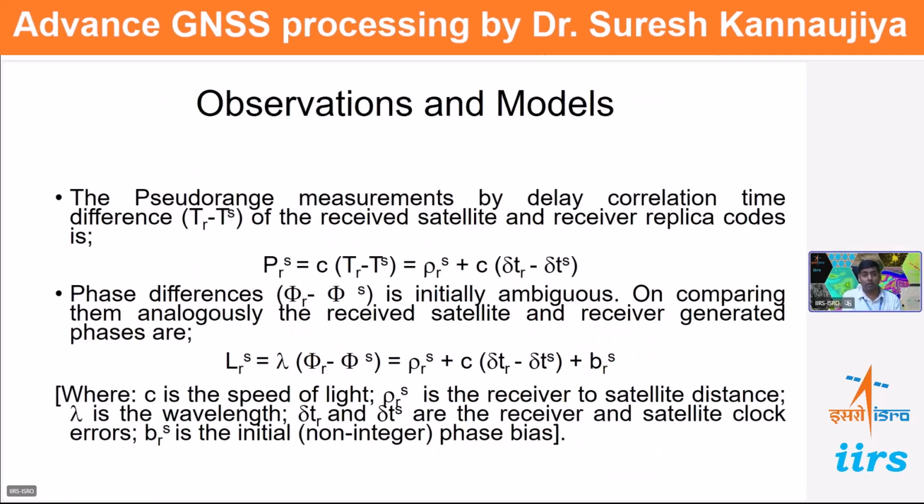This is the fundamental equation for the code measurement as well as for the phase measurement, and it follows the principle of trilateration. Here we apply the trilateration methodology to compute latitude, longitude, and height.